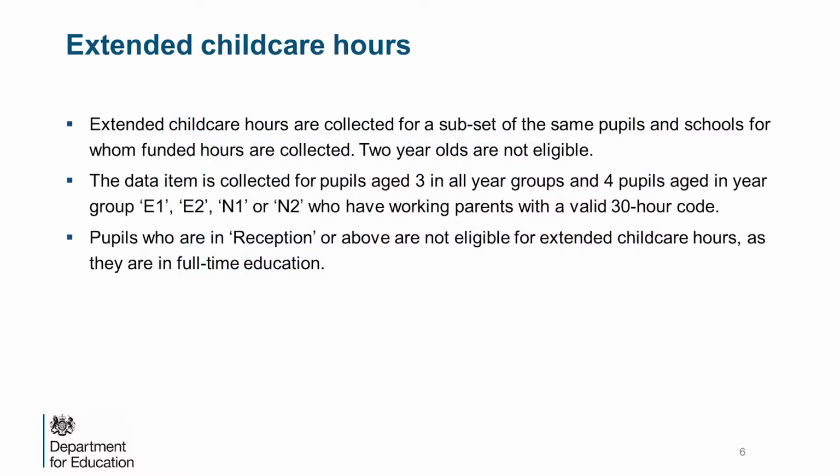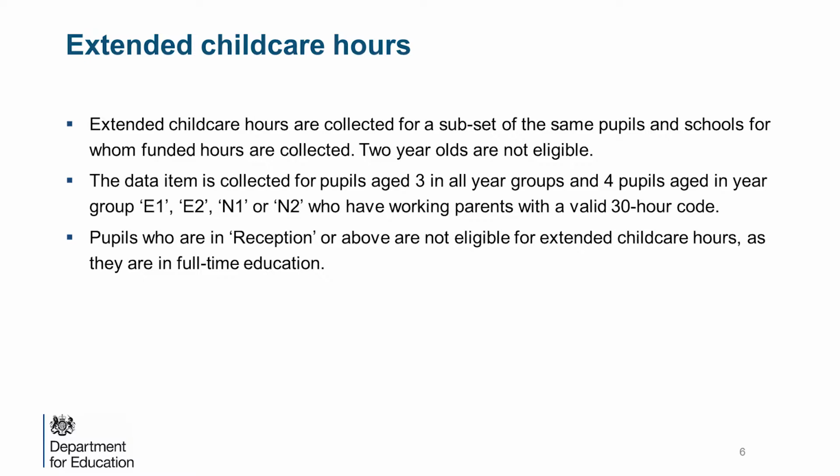Extended childcare hours are collected for a subset of the same pupils and schools, that is, pupils who were aged 3 or 4 as at the 31st of August, for whom funded hours are collected. The data item is collected for pupils aged 3 in all year groups and pupils aged 4 in year groups E1, E2, N1 or N2 who have working parents with a valid 30-hour code.